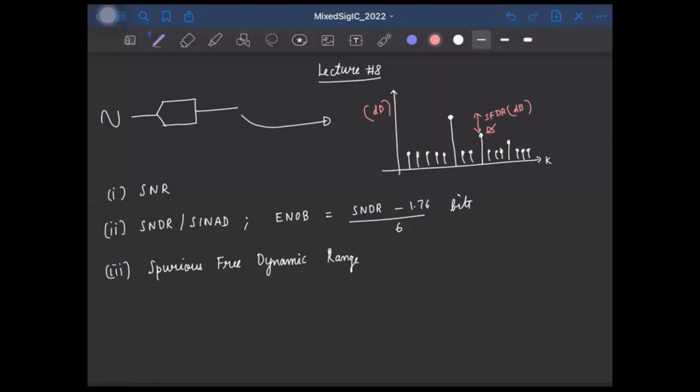But in practice, we can also have coupling from some other signal in the system. So you can get spurious tones at some other frequency, say maybe somewhere here also, right? And this could be higher than the harmonic, right? So in that case, this is the spurious tone, right? And this will give the SFDR. Okay.